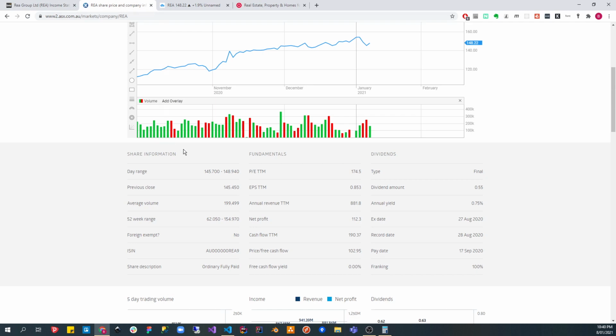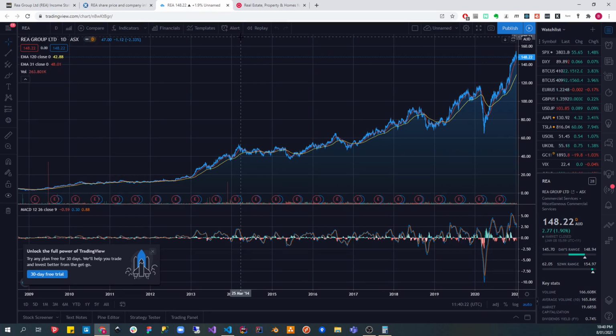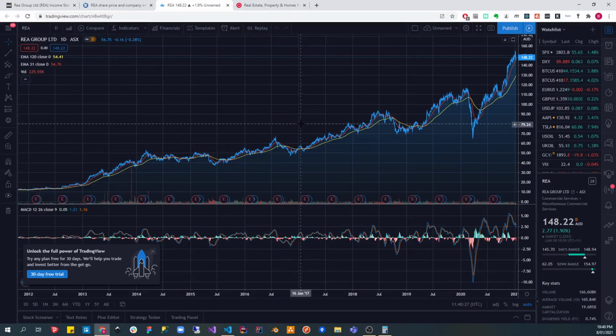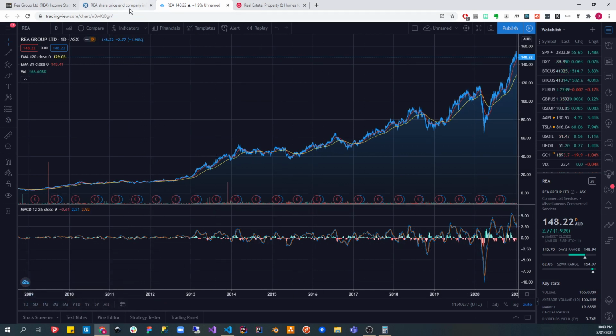All right, so that's just the ASX, and let's have a look at the charts. Like I said in the last video, when I see these kinds of graphs, charts, or trends, I get a little bit worried. Let me see when it was listed.